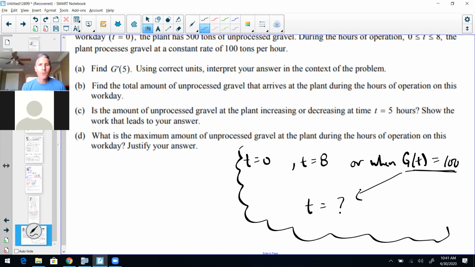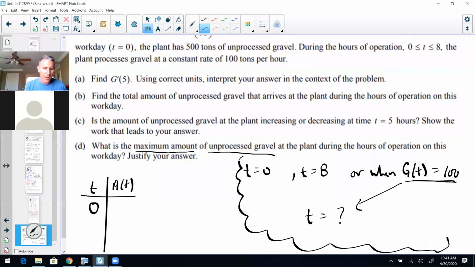Then we have to talk about the amount of gravel, because we want the maximum amount of unprocessed gravel. Let's say A of t is the amount of gravel there. At t equals 0, we were given that there were 500 tons.